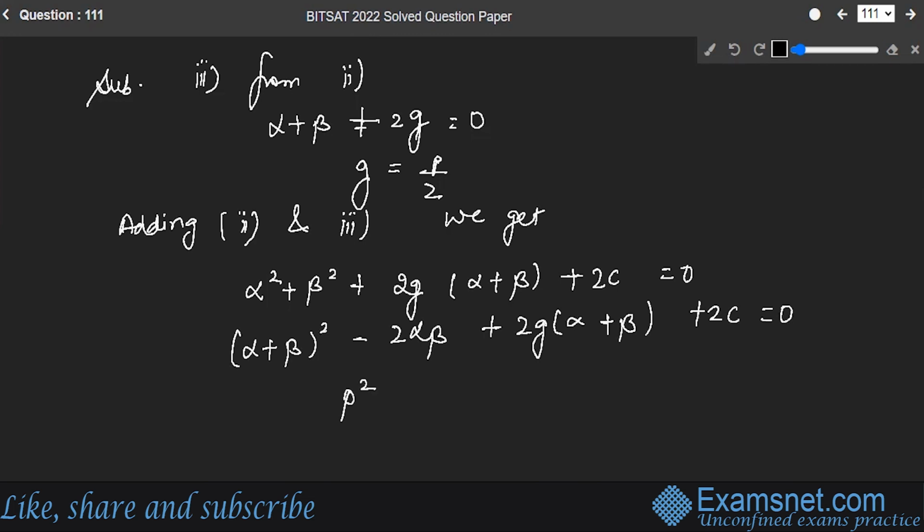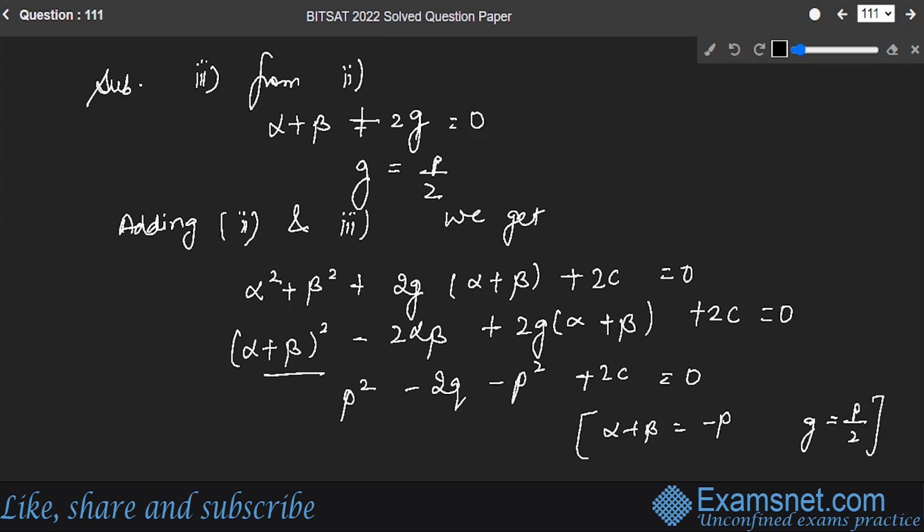So minus p squared minus 2q minus p squared plus 2c is equal to 0. I have used the values of alpha plus beta is equal to minus p, and g was equal to p by 2.